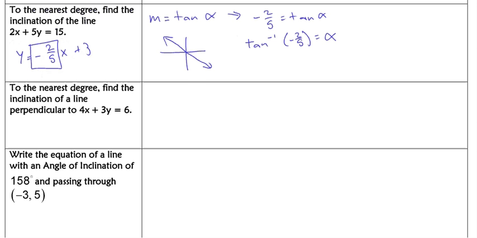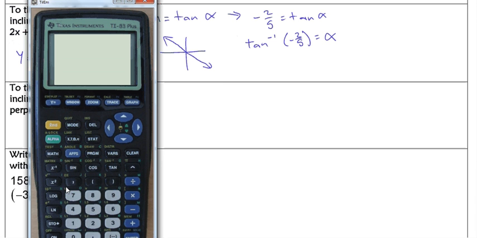Go ahead and hit that into our calculator. So inverse tangent of negative 2/5 gives us negative 21.8, and we're in degrees right now, so negative 21.8 degrees.